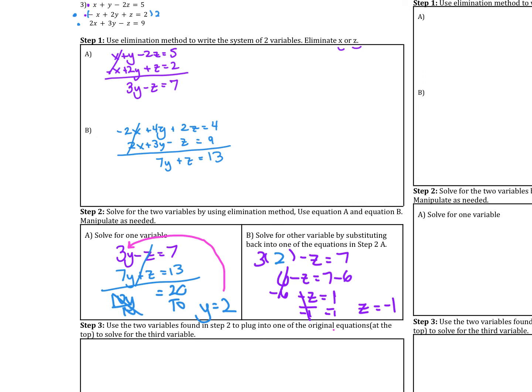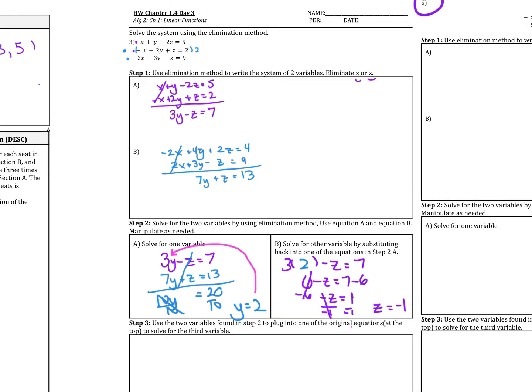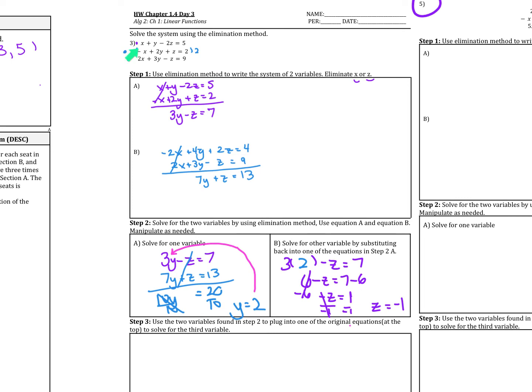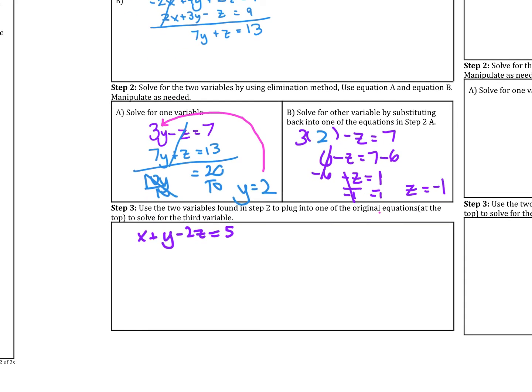So now what we need to do, now that we know y and z, we're going to plug both of those into one of the original equations at the top to solve for our final variable x. So I'm going to use the top equation, x plus y minus 2z equals 5. So I'll write it here, x plus y minus 2z equals 5. And so now we're going to substitute our y and our z.